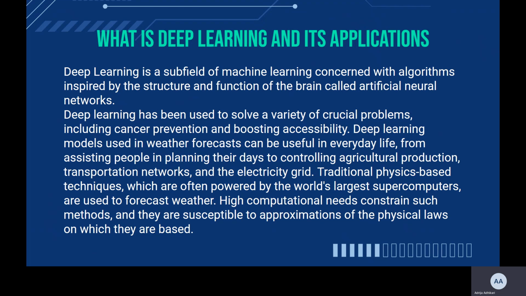We use DL to solve a variety of crucial problems, for example, cancer prevention, boosting accessibility, etc. It can also be used in weather forecast models, and this is useful in our everyday life, right? It also helps in assisting people in planning their ways to control agricultural production, transport networks, and electricity grid. Traditional physics-based techniques are also empowered by using this particular method.